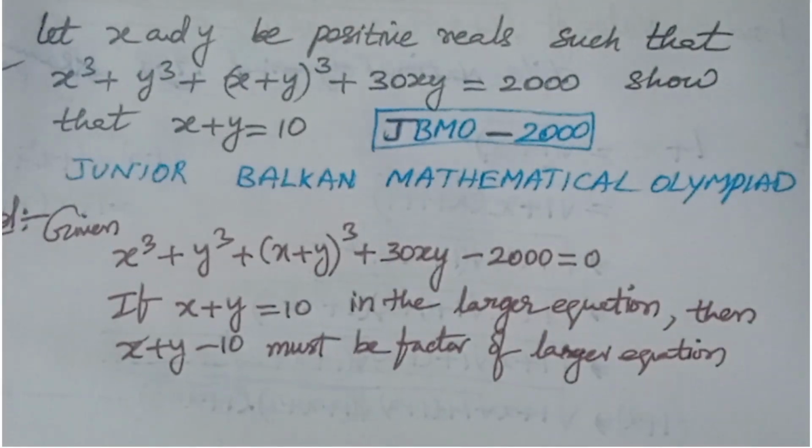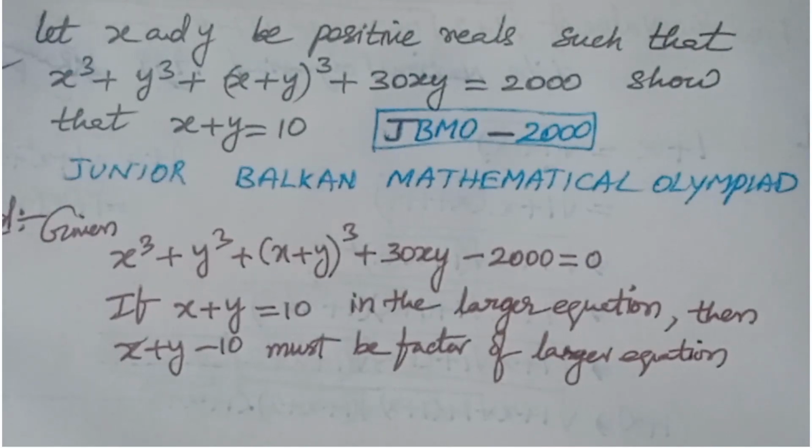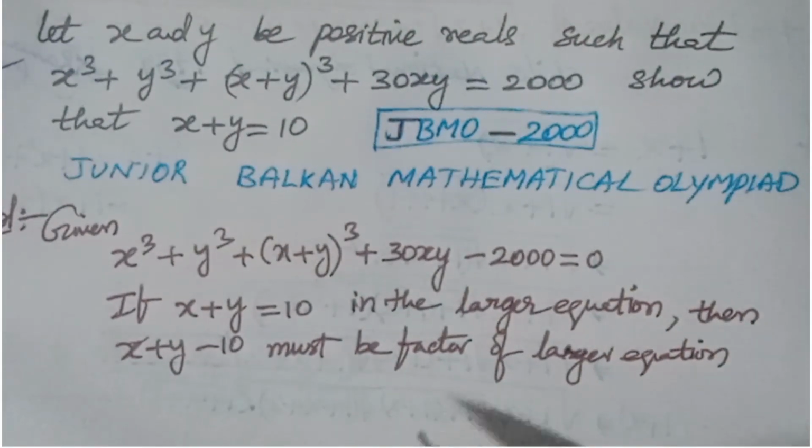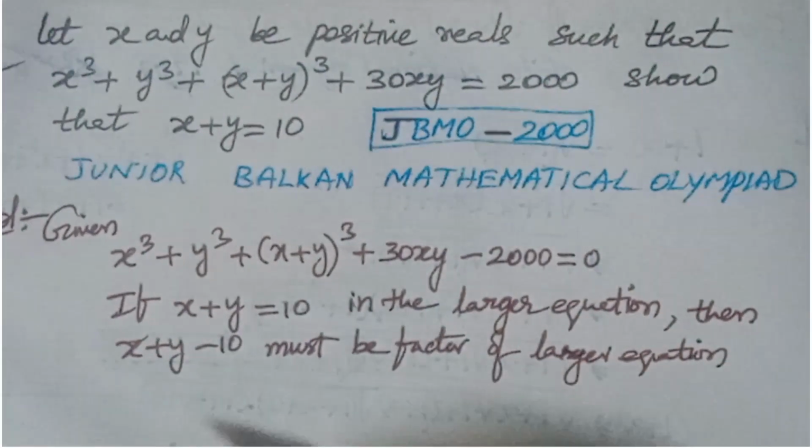So here you have to take x plus y minus 10 common from the given equation.